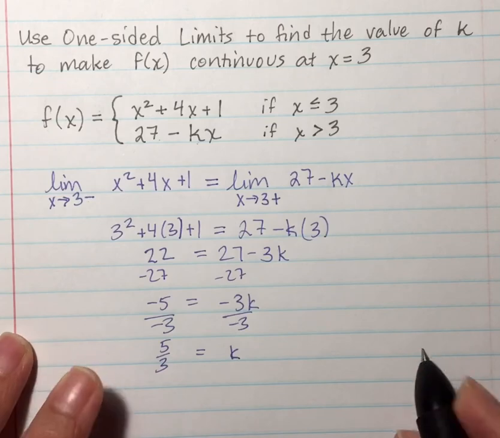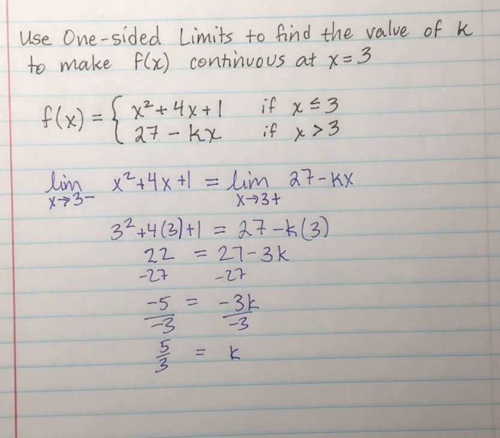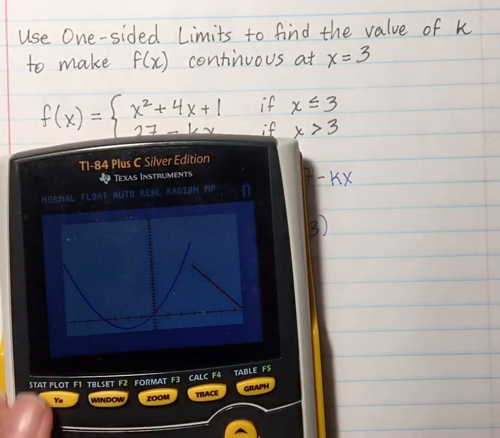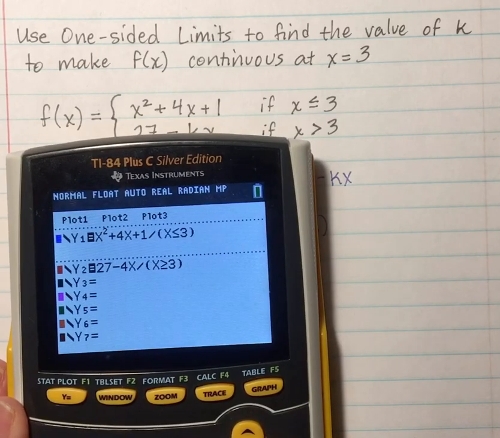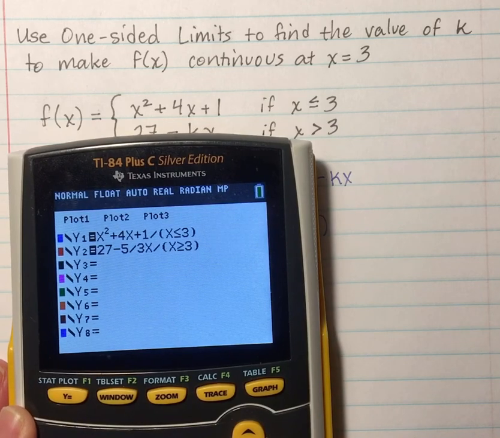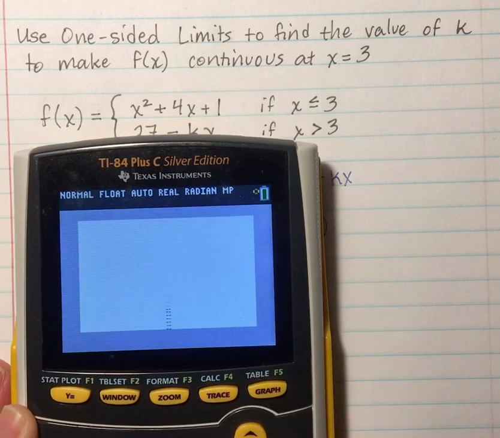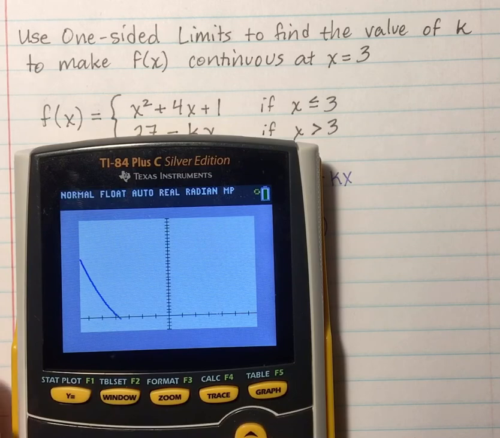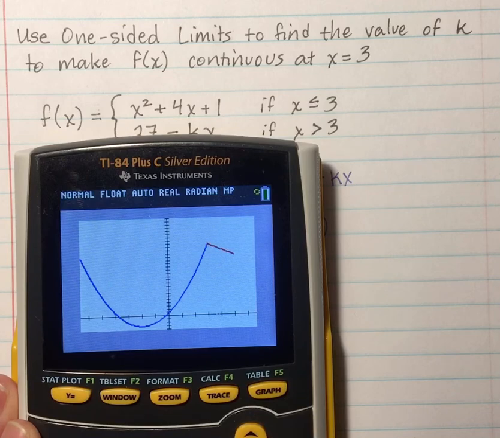Now we need to test to see if this works. So we go back to our calculator, go to our y equals, and instead of that negative 4, I put in 27 minus 5/3 x. I graph this guy, and I can see I've made these come together in a connection at 3.